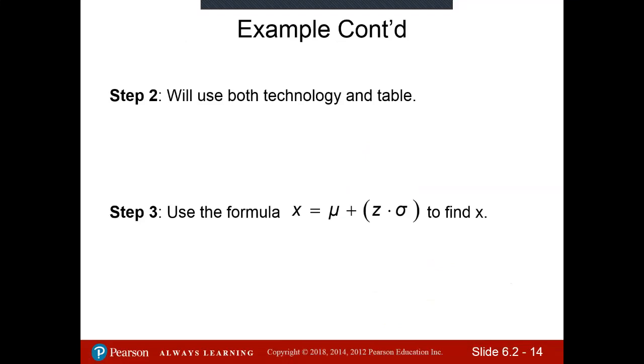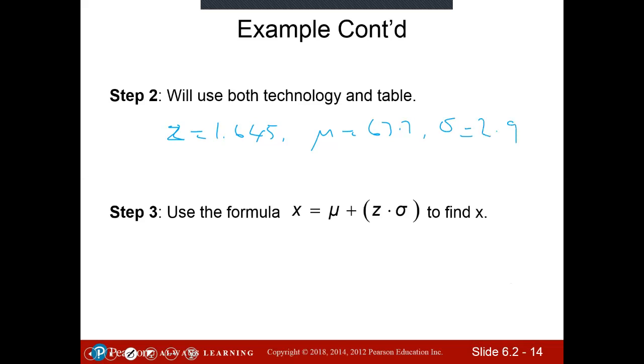I use the technology, and this says that my z is equal to 1.645. All right, and then I know my mean was 63.7, and the sigma is 2.9.